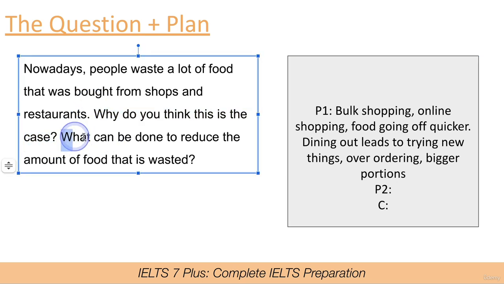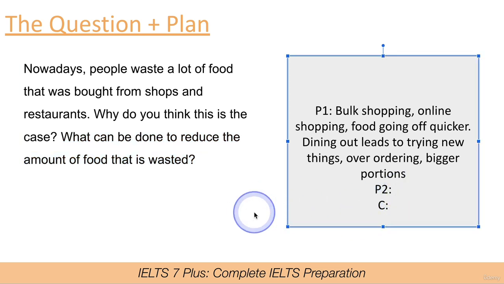So let's now go to the second question. What can be done to reduce the amount of food that is wasted? The first thing that comes to mind for me is perhaps education. We could use awareness campaigns.